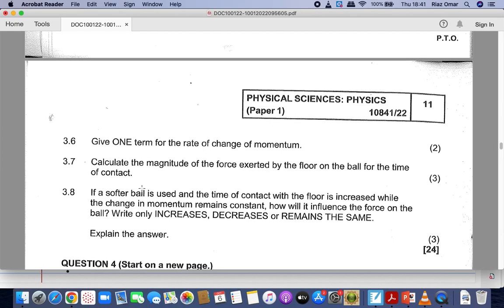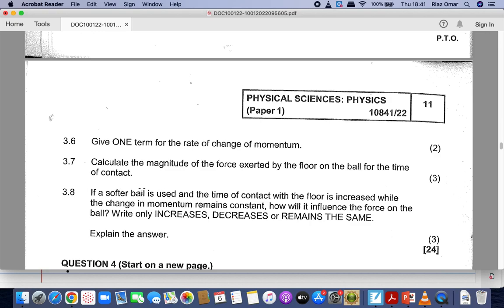Then if you look at question 3.8, the question is, if a softer ball is used and the time of contact with the floor is increased while the change in momentum remains constant, how will it influence the force on the ball?